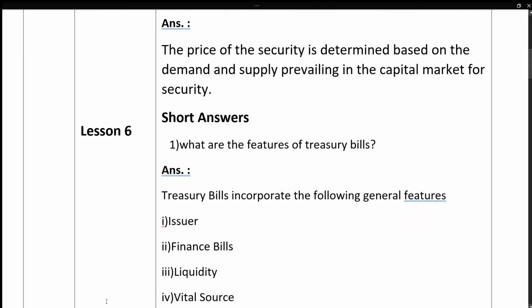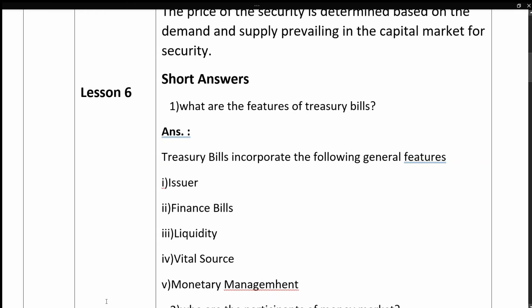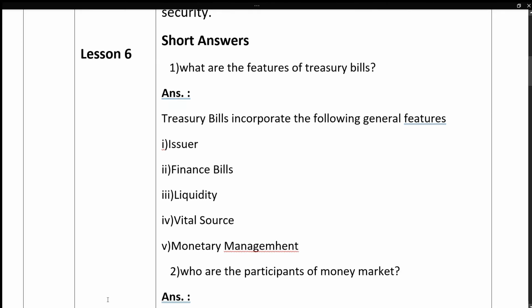First one, what are the features of treasury bills? Here treasury bills have the following general features. First one is issuer. Mainly the treasury bills are issued by the central government, and RBI will issue on behalf of the government. And the second characteristic is finance.